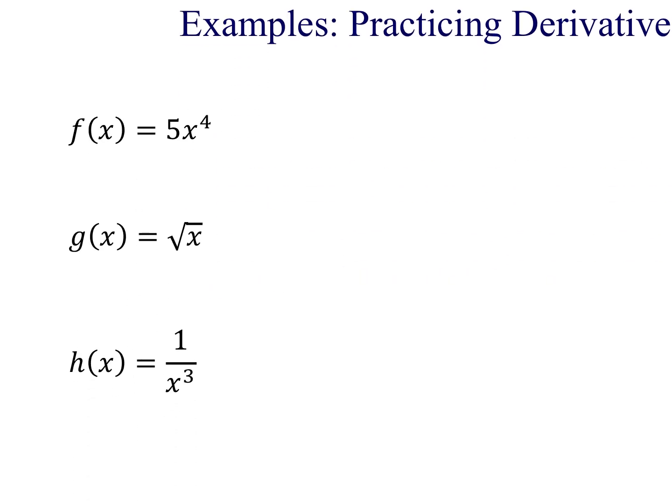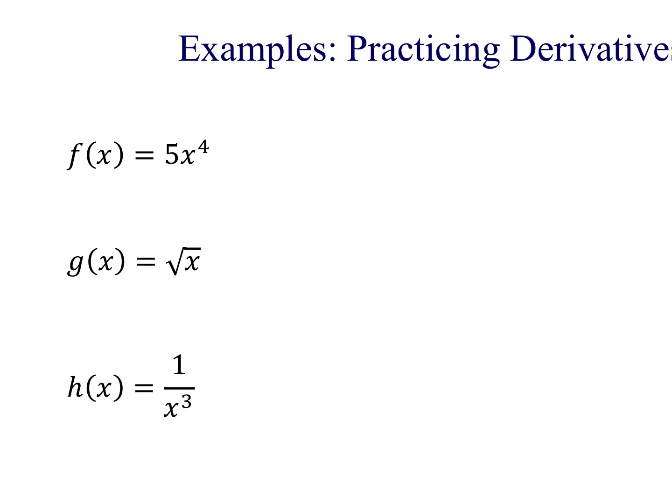All right, so if we can work through these quickly, we can come up with what their derivatives are. If we have 5x to the 4th, the derivative, f prime, is: I move the 4 to the front of 5x, so the old power moves to the front, and the new power becomes 3, so the total answer would be 20x to the 3rd.